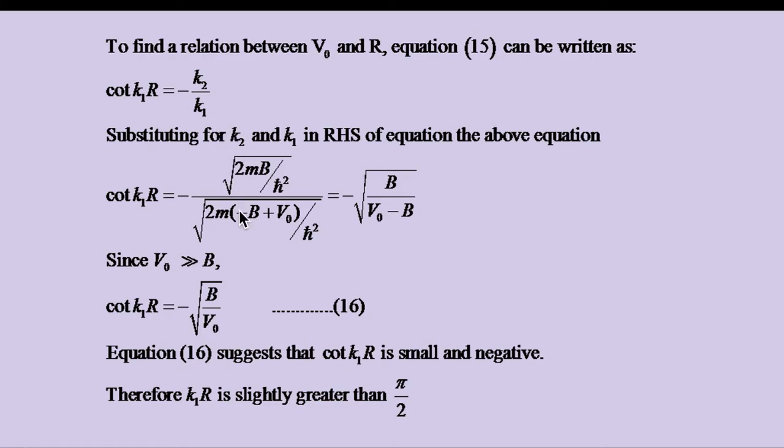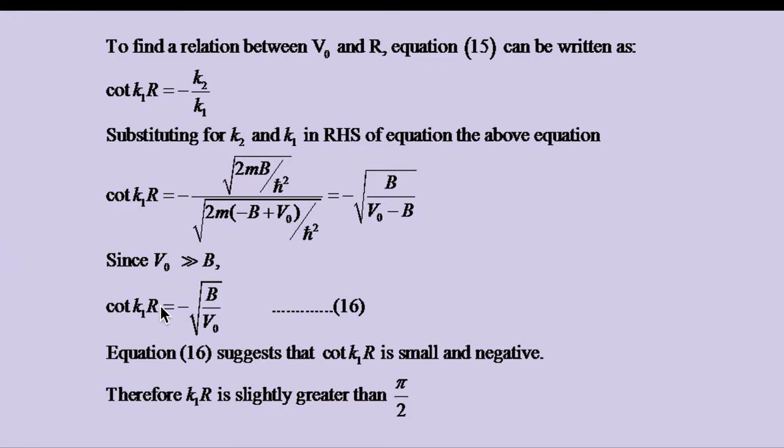Our K1 square was 2m into (minus B plus V0) by h cross square. Taking the square roots, K2 is root of 2mB by h cross square, and K1 is root of 2m by h cross square times (V0 minus B). So the h cross square cancels, and it will be, with the minus sign, minus root of B by (V0 minus B).